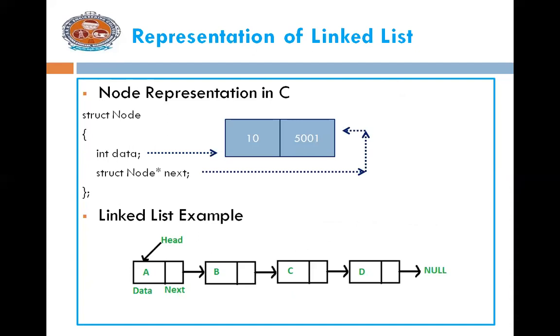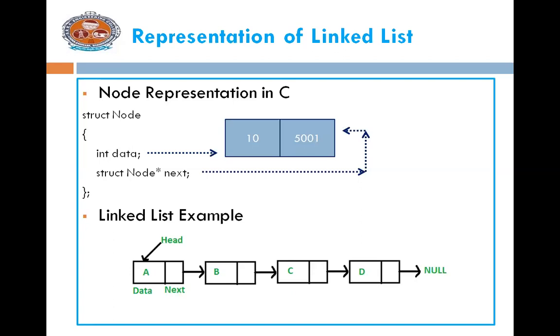In C language, you can use a structure to represent a node. Here struct is the keyword used to define structures, and node is the name of the object. Two members are given in this structure, data and next. The data is the value that you are going to store.